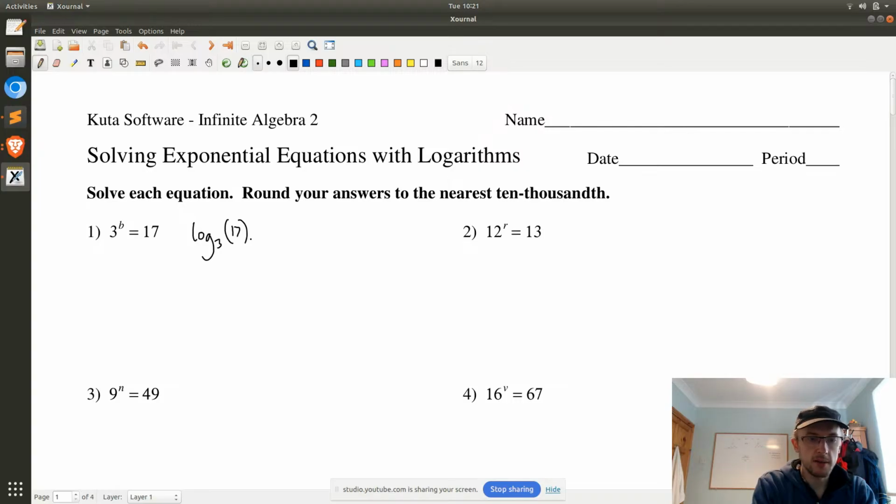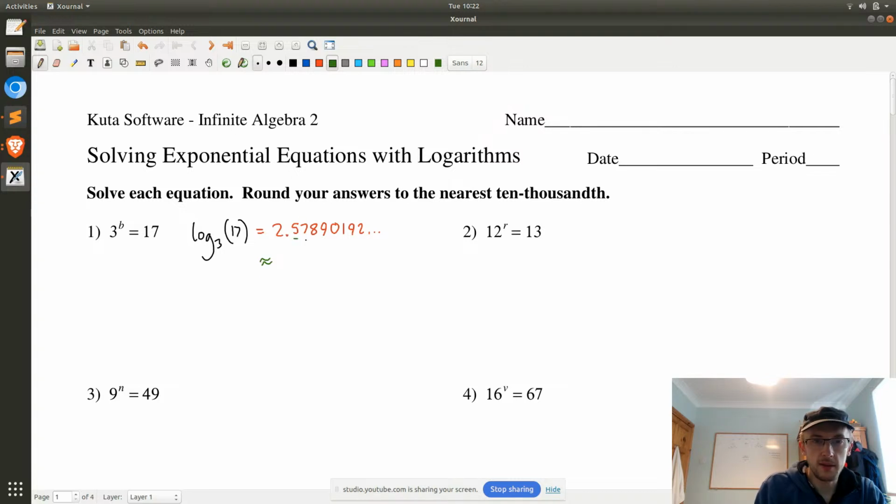And to the nearest 10th, well, we'll talk about this. Okay, so that's 2.57890192. That's what it says on the calculator, but you've got to go to the nearest 10,000th.